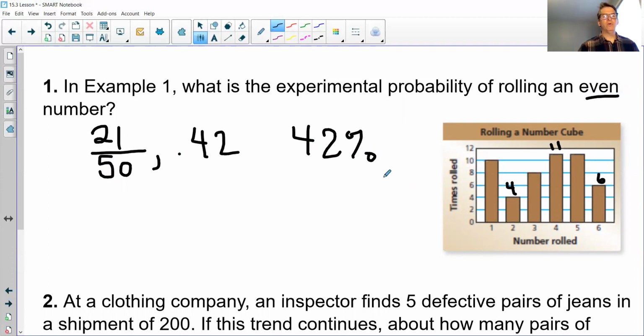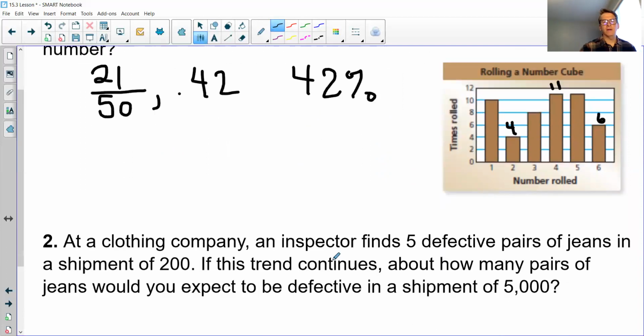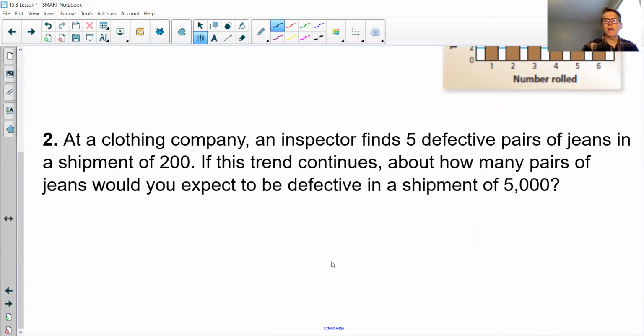On your own, number 2. At a clothing company, an inspector finds 5 defective pairs of jeans in a shipment of 200. If the trend continues, about how many pairs of jeans would you expect to be defective in a shipment of 5,000?